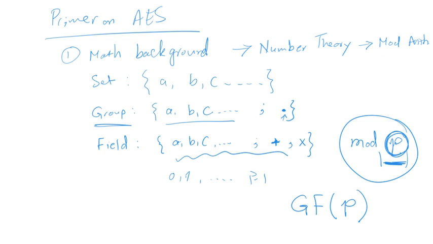Again, why did we need this? Because now when you look at AES, AES is very similar to DES with only one difference.